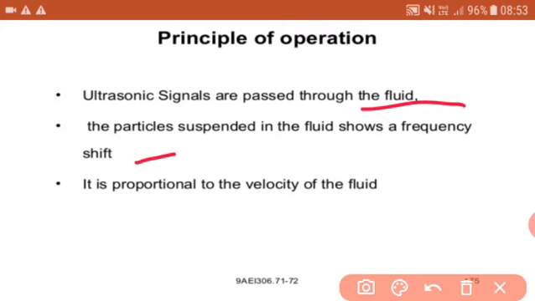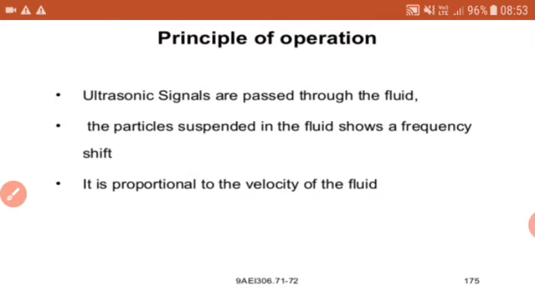The particles suspended in the fluid show a frequency shift, and it is proportional to the velocity of the fluid. So this frequency shift is directly proportional to the velocity of the fluid. This is the principle we are going to use in the Doppler frequency shift flow meter.